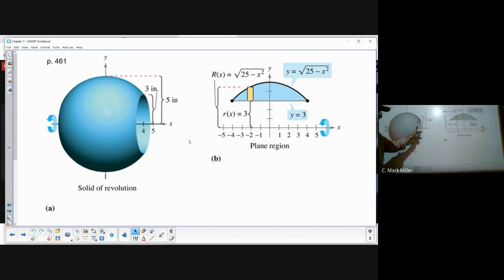So the space inside is also enclosed. It would be enclosed inside a revolved shape. This line, in fact, right here, y equals 3, if it were revolved, would make that cylinder inside. So this is still a solid of revolution, but cross sections are the shape of washers. So cross sections would look like this.